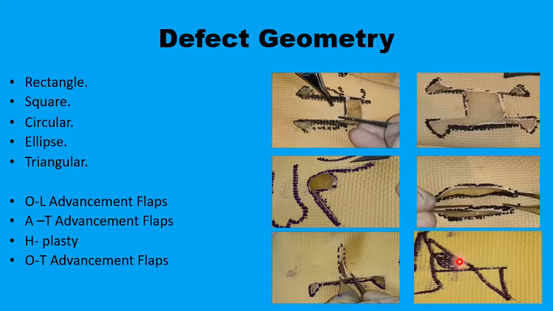The design and the planning of the flap will be modified in each of these situations, as we'll go through in this presentation. And the final outcome will also change according to the shape of the defect and the modification of the flap. So it can change from an O to an L shaped after the repair, or H after the repair of bipedicled flaps, or an A can transform into a T if you are using advancement flaps from both sides to close up a triangular defect, and so on.